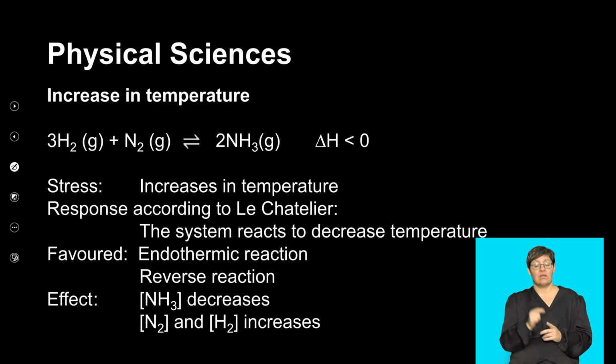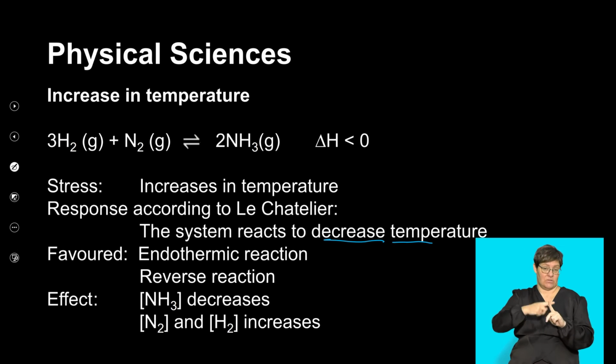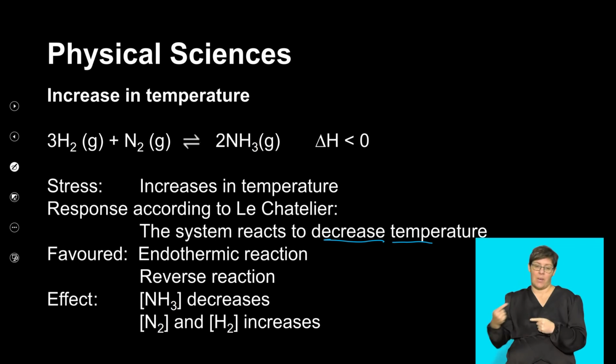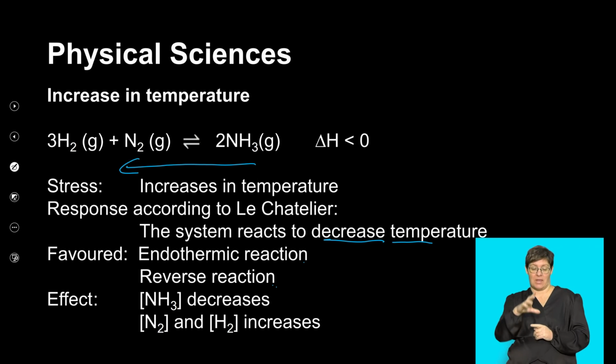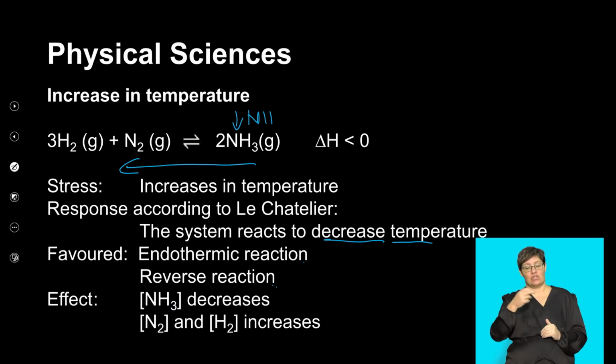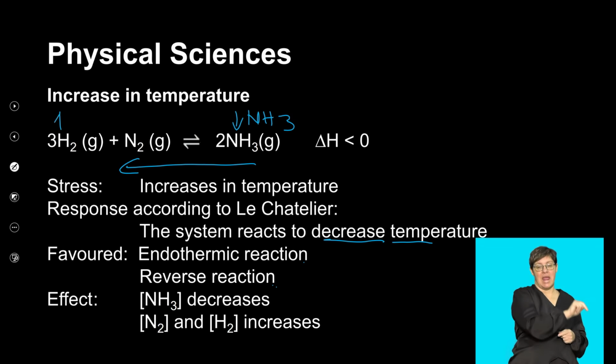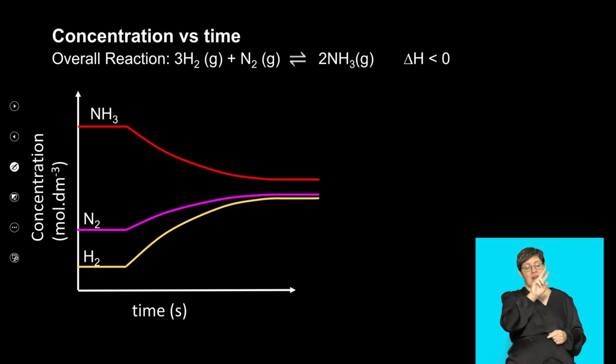What is the stress? According to Le Chatelier, it's an increase in temperature. The system will react to decrease the temperature by favoring the endothermic reaction. In this case, our endothermic reaction is the reverse reaction, meaning we will have less of NH3 and more of N2 and H2. How will that look on our graph?